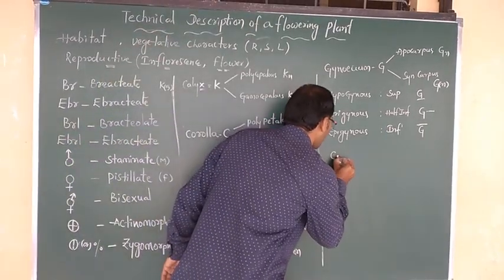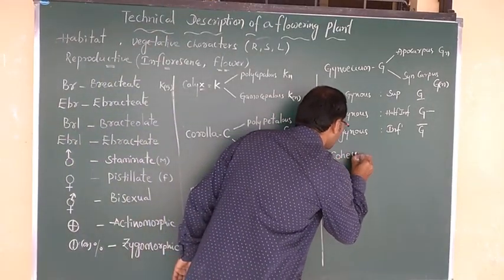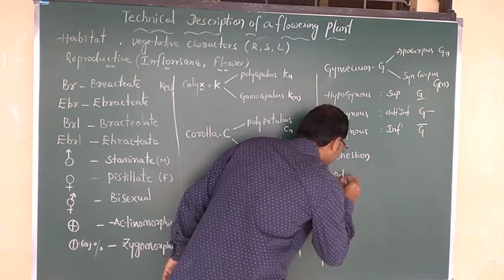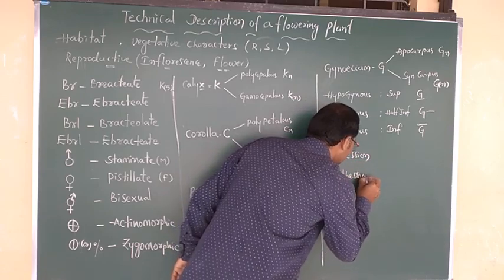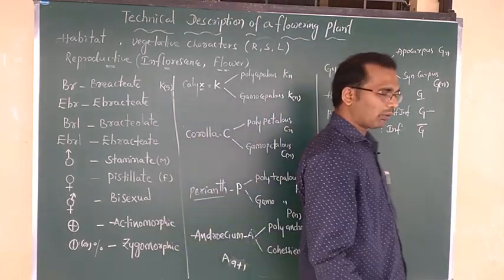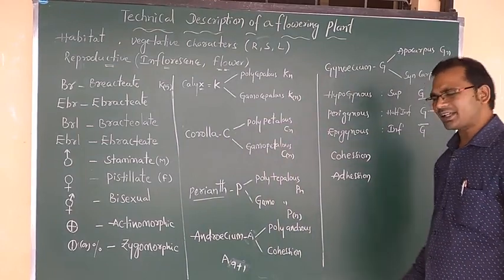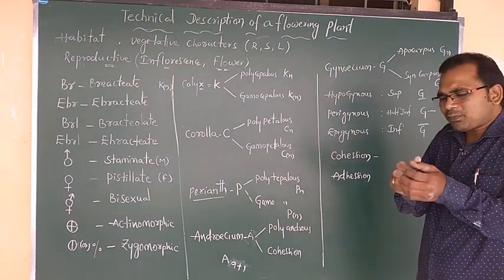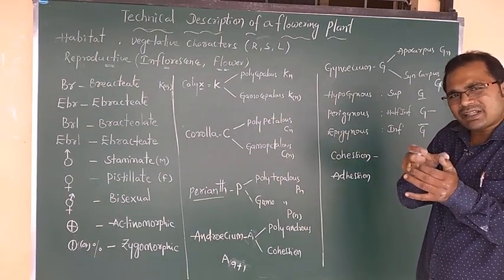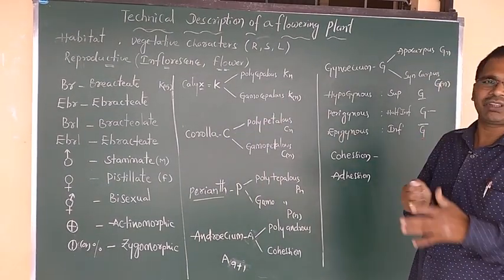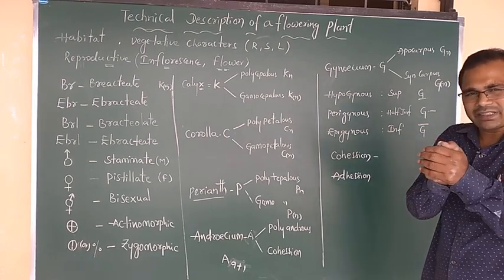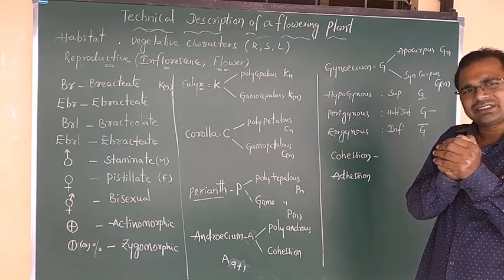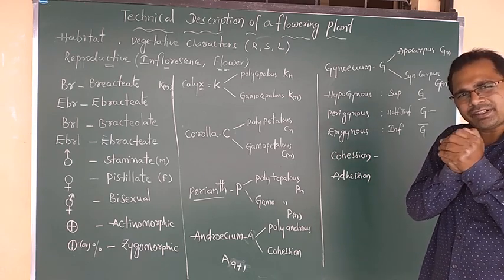One is called cohesion. The second we call adhesion. What is the difference between cohesion and adhesion? Cohesion means only members of the same floral whorl are united. For example, sepals united, petals united, stamens united, carpels united.